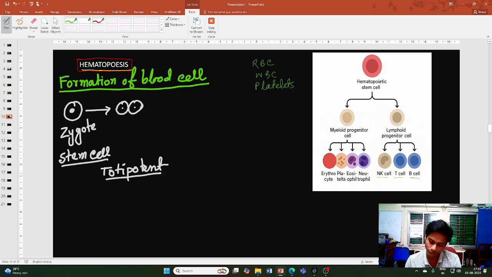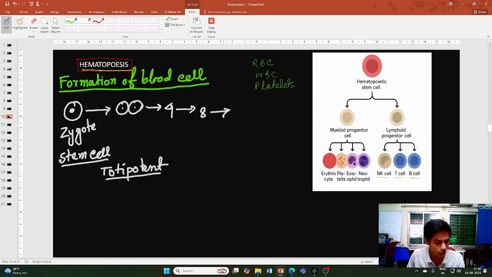That means the cell is divided into two, and in stages, 2 cell to 4 cell, 4 cell to 8 cell, and after the 8 cell, the morula stage and the blastula stage.